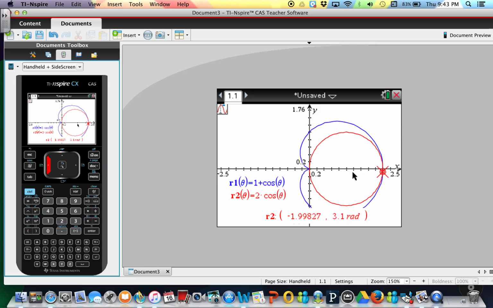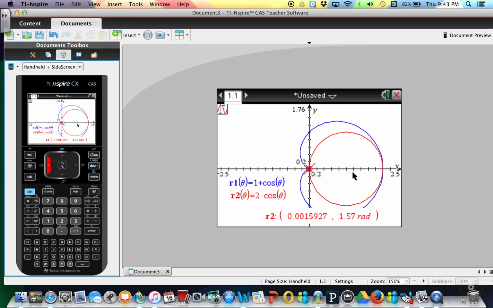Now we're going to mosey on over to another theta value, and I'm really wanting to be at that pole. So I'm moving along, and for my red equation, it appears that I'm going to be at my pole around a theta value of pi/2 radians.